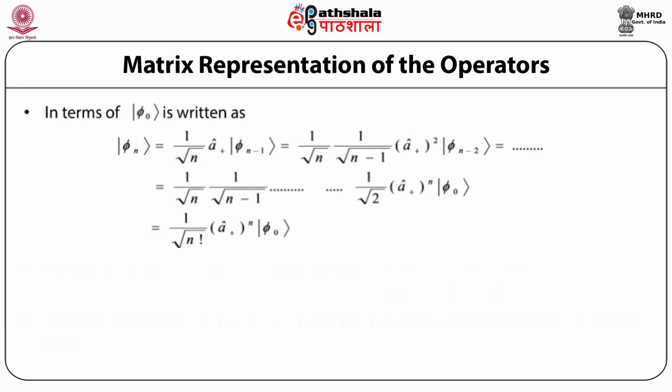And thus, in this manner, finally, we can get the relation that the eigenvector phi n is equal to 1 upon under root n times 1 upon under root n minus 1 times so on times 1 upon under root 2 times the raising operator A plus acting n times on the ground state or the lowest state eigenvector phi naught.